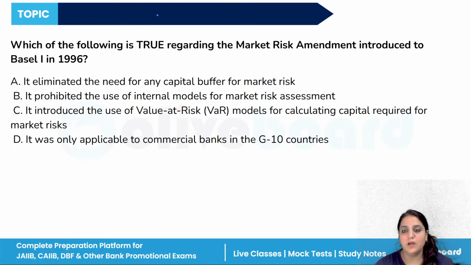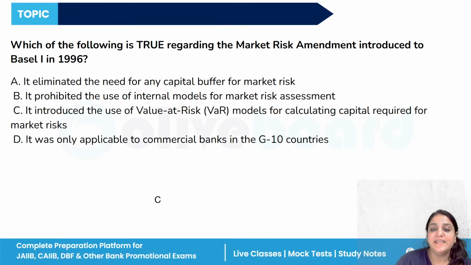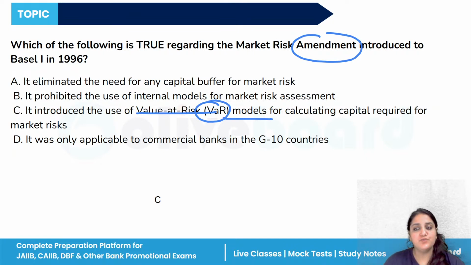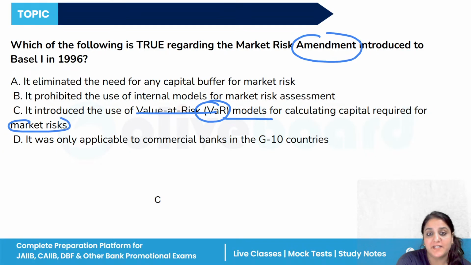According to the answer, in this market risk amendment, value at risk models were introduced just to calculate the capital which is required for the market risk.